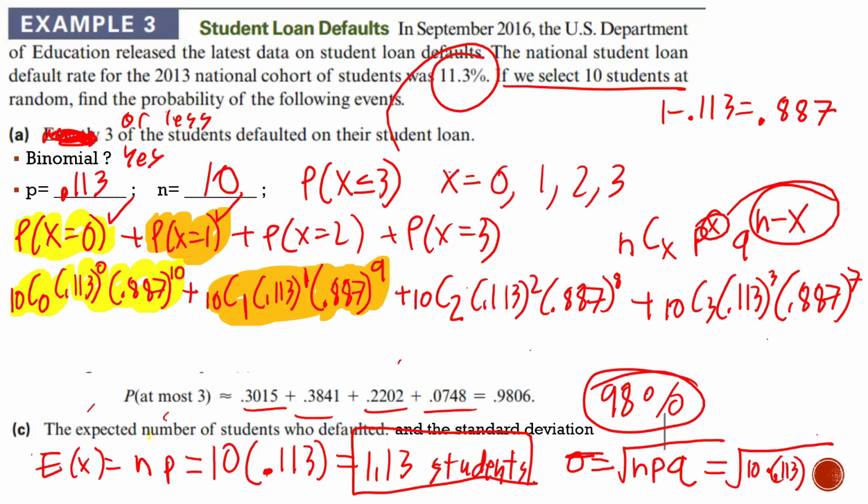Make it green so it's easier to read, at least, on top of that red. You type that in your calculator, you will get almost exactly 1. So the variance would be that squared, but the standard deviation is 1 student. That tells you how spread out this is, right? And then this tells you where the center is.